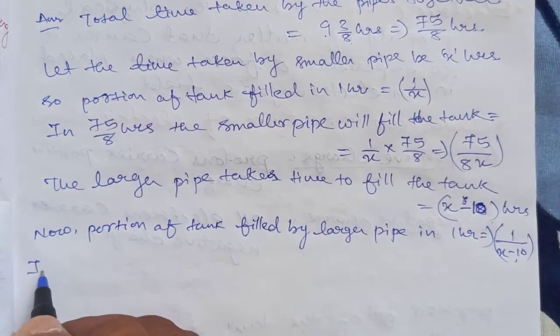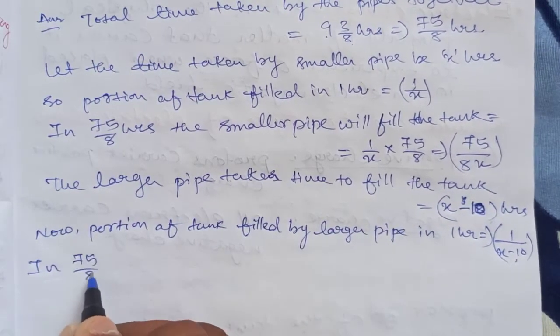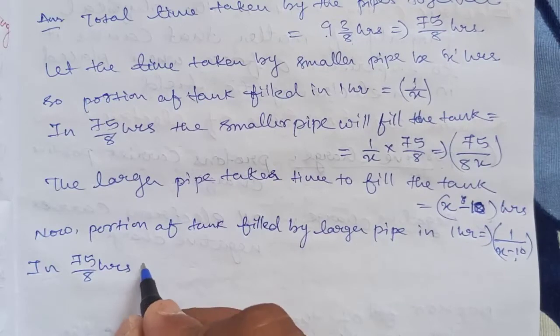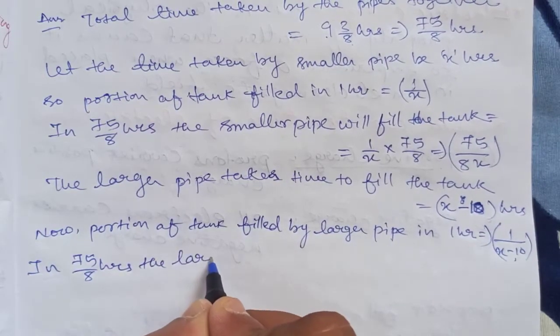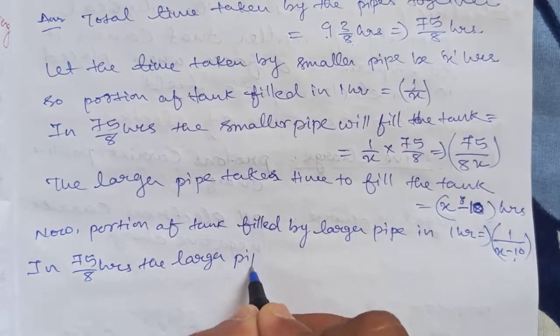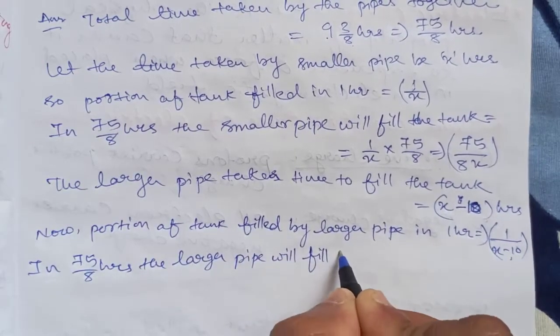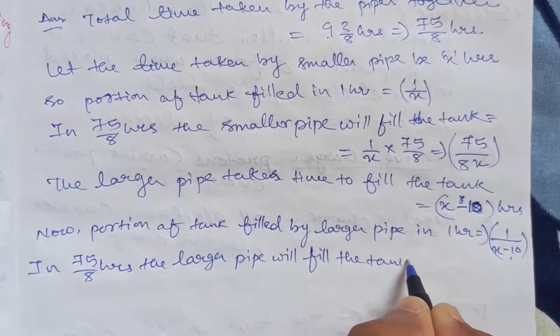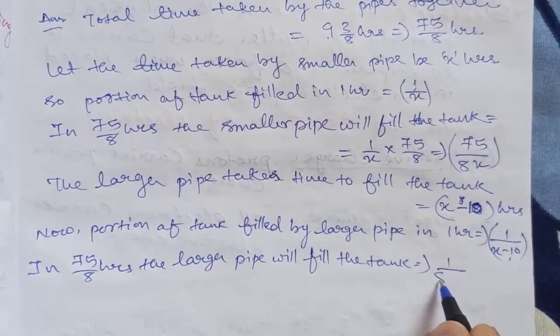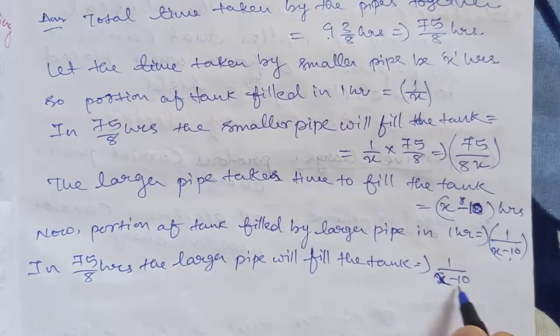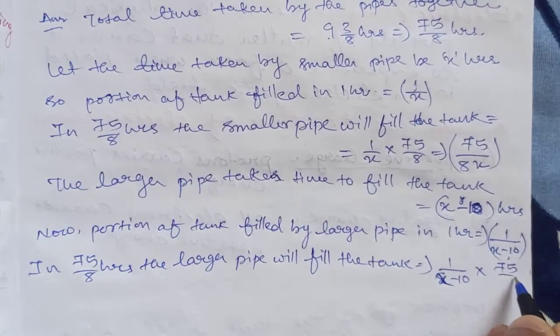So in 75/8 hours the larger pipe will fill 1/(x minus 10) into 75/8.